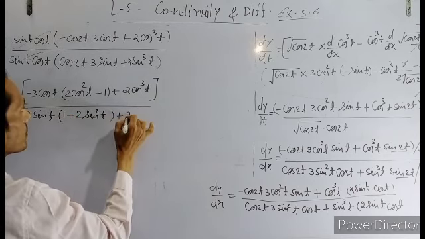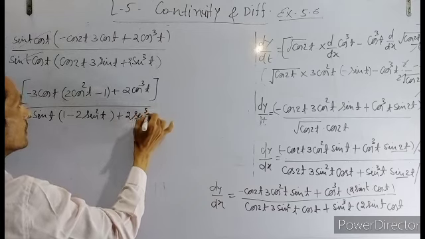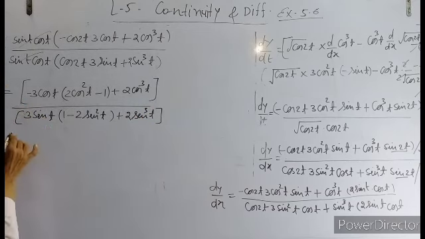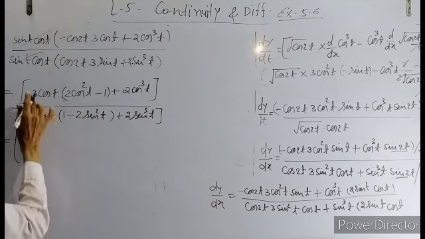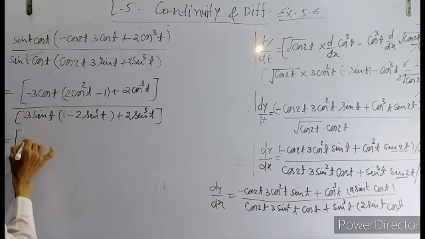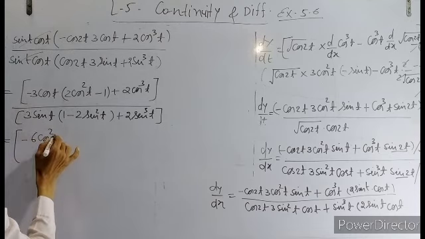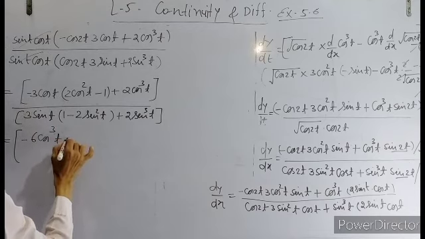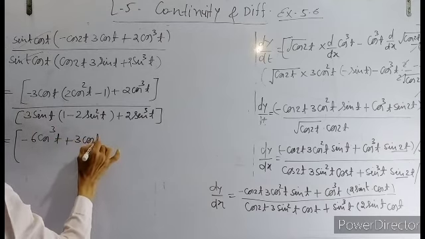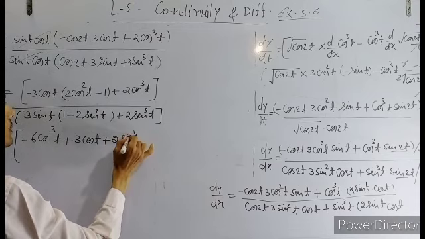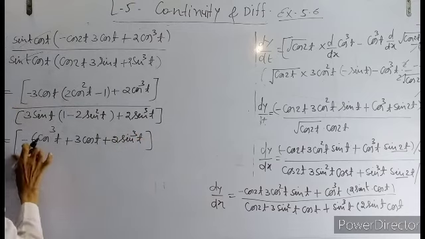Plus 2 sin cube t. Now multiply this bracket: 3 cos t, 6 cos cube t minus 6 cos cube t... plus 3 cos t plus 2 sin cube t. Is that clear?